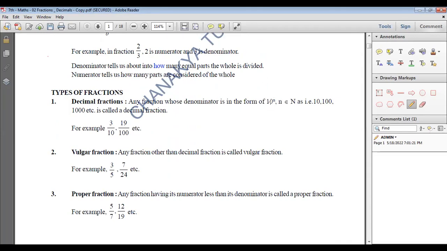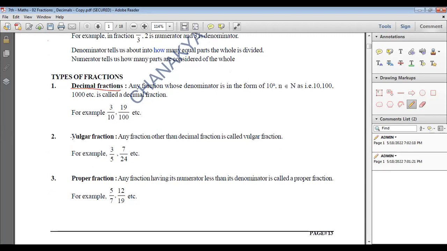That means 10, 100, 1,000, 10,000, 100,000, continuing like that. If the denominator is like this, we call it a decimal fraction. Very important, children.